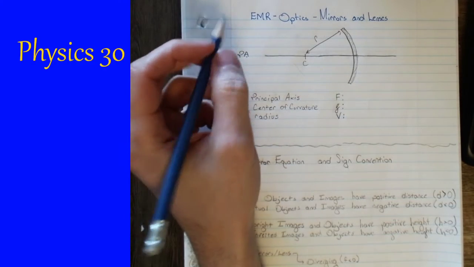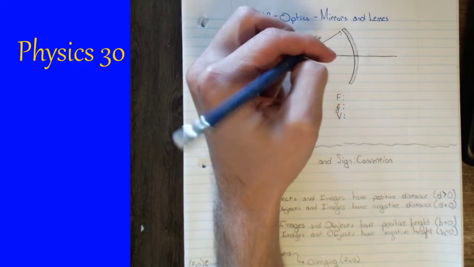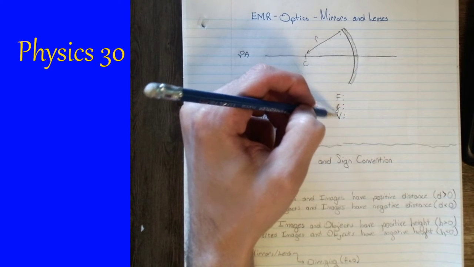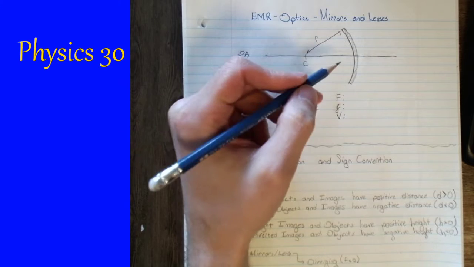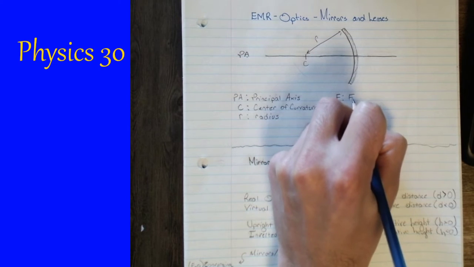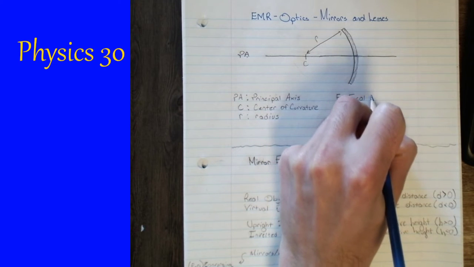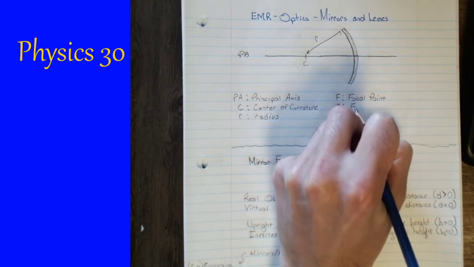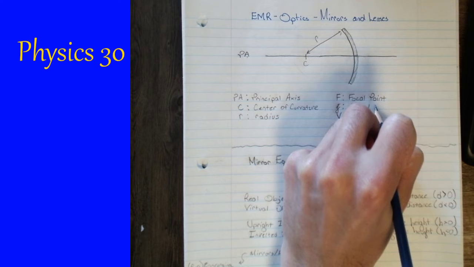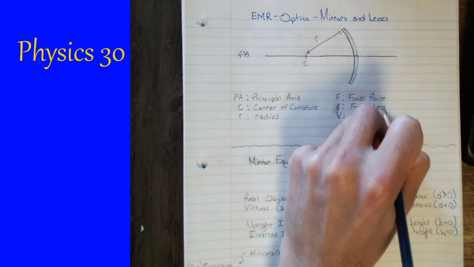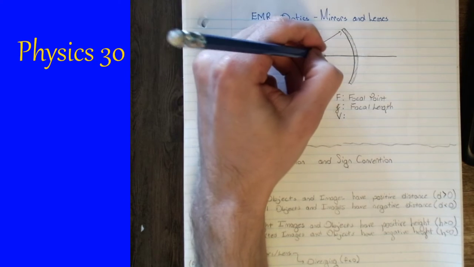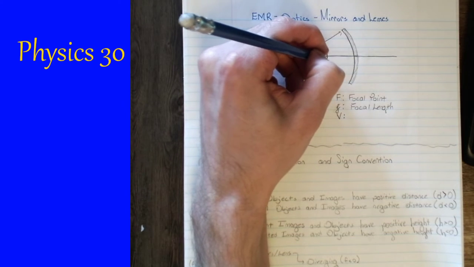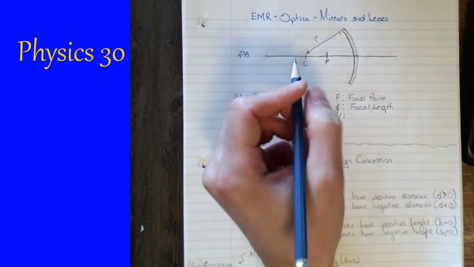Next up, we have focal point. This is labeled capital F, and then you have a cursive or lowercase f for focal length. So you have focal point and focal length. These are so much one and the same that often I just forget about the capitalized version.